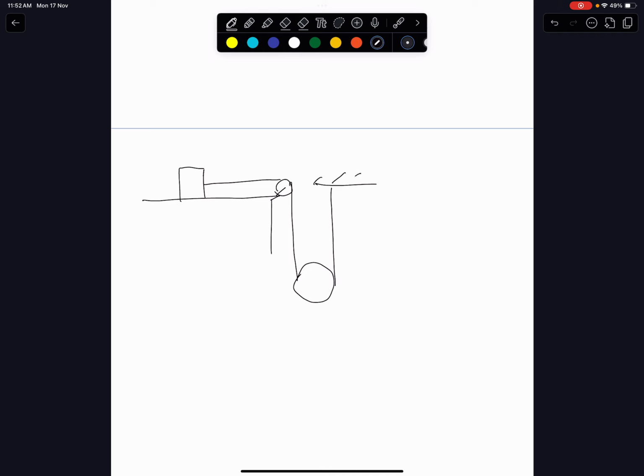This string is at rest, so this point on the pulley also is at rest because there is no slipping between the string and the pulley. The block has velocity v, so this string has velocity v, and with no slipping, this point on the pulley, the left end point, also has velocity v.